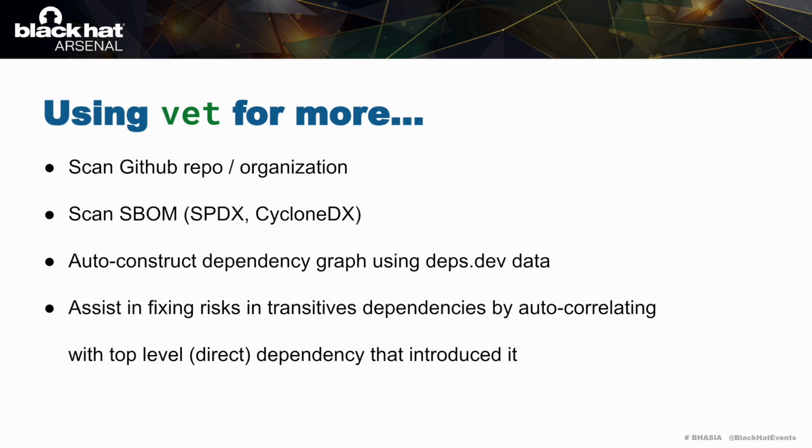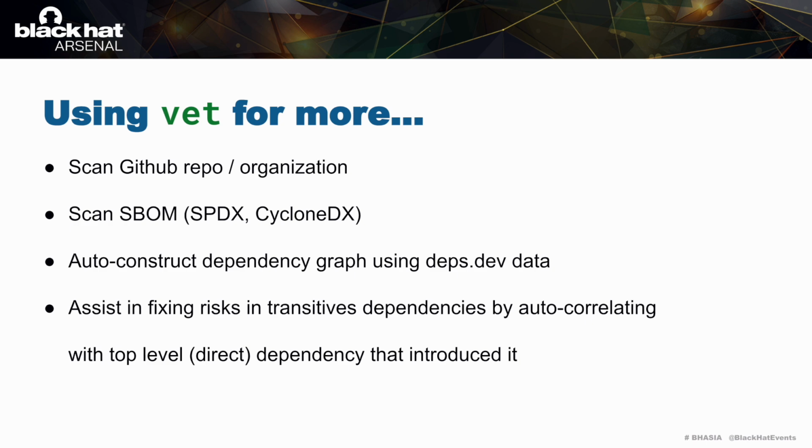Auto-construct a dependency graph for package manifests where the dependency relationships are not there. VET can also assist in remediation of transitive dependencies, which is many a time hard to fix, because you won't be able to find out easily which direct dependency is responsible for introducing a transitive dependency.